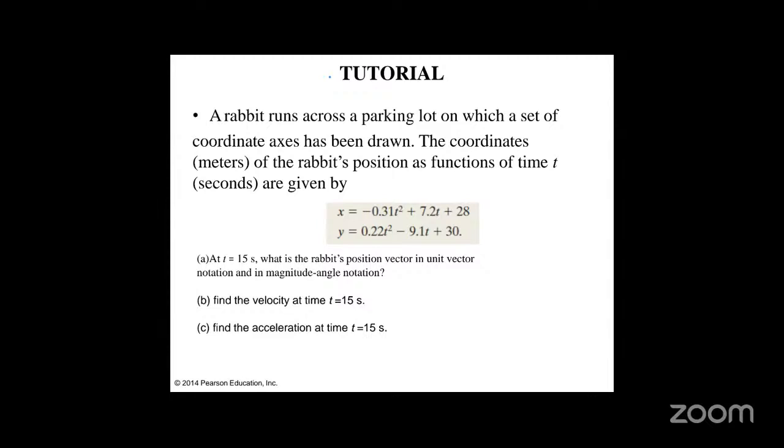So whenever you are asked to find velocity or speed or acceleration at a specific time, it has to do with instantaneous. So this is an instantaneous velocity problem. In that case, V is equal to dx over dt. So this is Vx. Vx is equal to dx over dt.